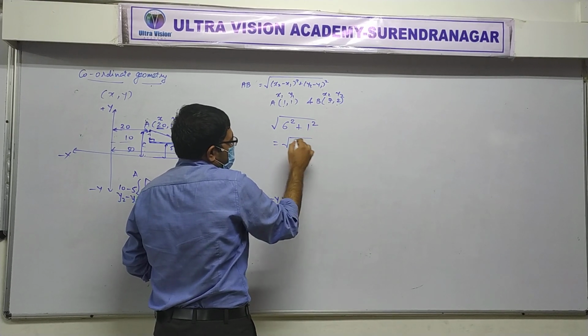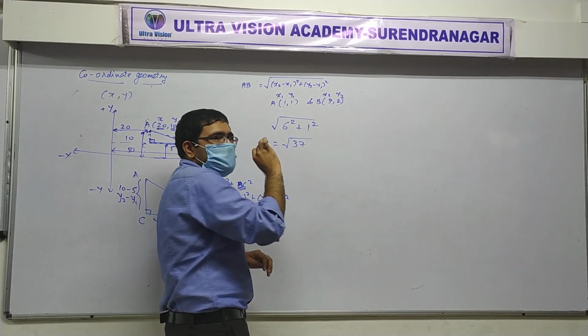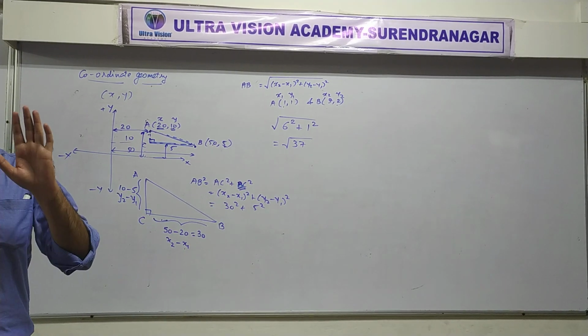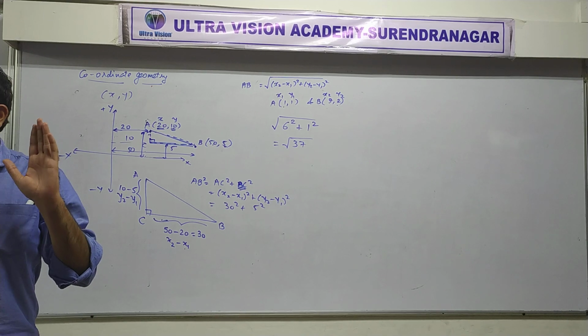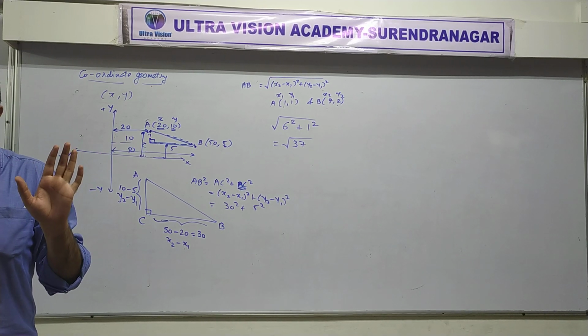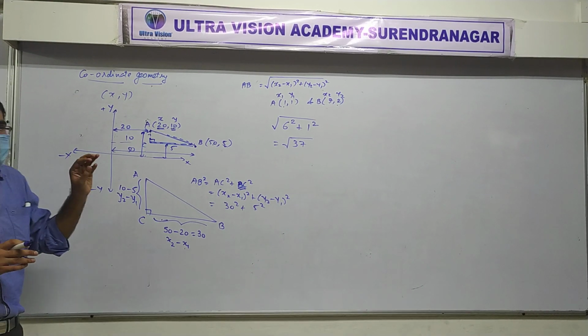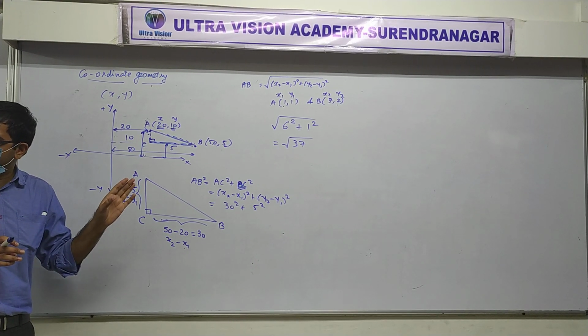So my answer is going to be root of 36 plus 1, that is root 37. Understood? Well done. That's the distance formula. We might need this distance formula at some point or the other.